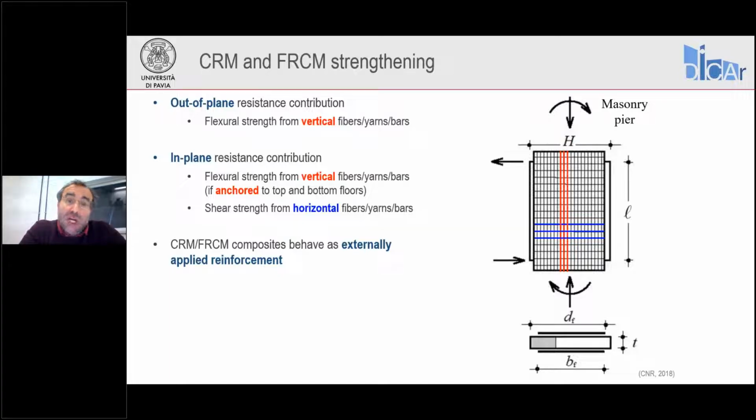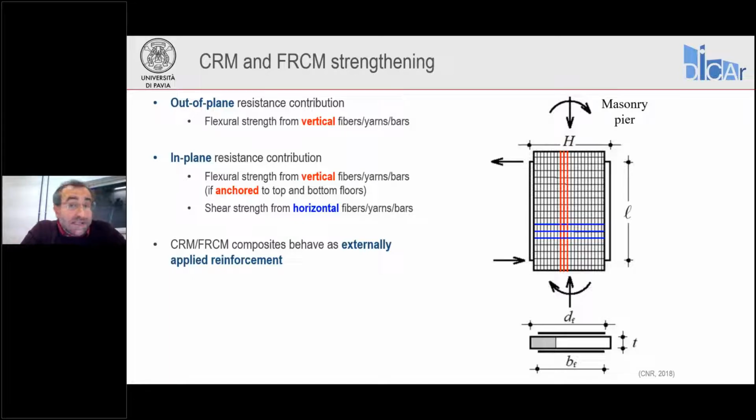If we look at a pier, the vertical fibers or bars can improve the flexural response of the element, provided they are anchored top and bottom into the nodal regions or to the floors and foundation. But the horizontal components of the mesh or of the textile will provide strength against shear. So we can improve both types of response in the plane of the element.